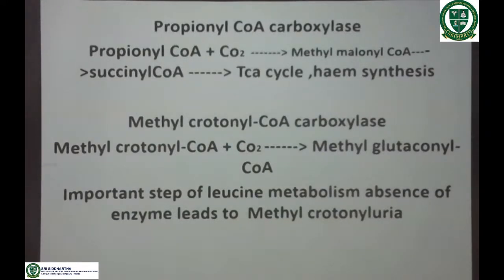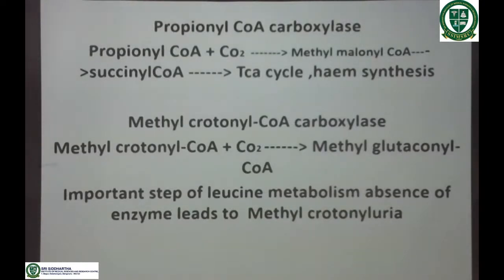The third important enzyme where we require biotin is propionyl-CoA carboxylase. Propionyl-CoA is an odd chain fatty acid. For the degradation or metabolism of the odd chain fatty acid, we require the enzyme propionyl-CoA carboxylase. The fourth important enzyme is methylcrotonyl-CoA carboxylase.